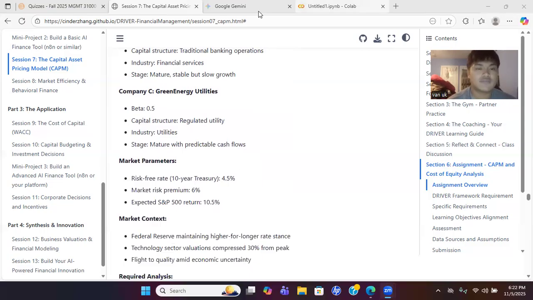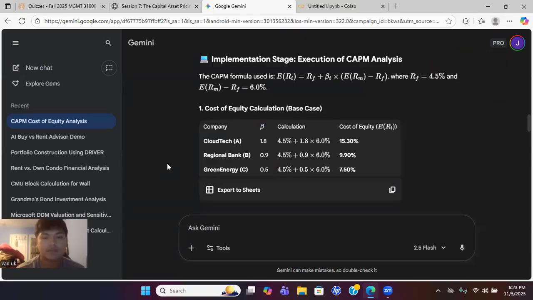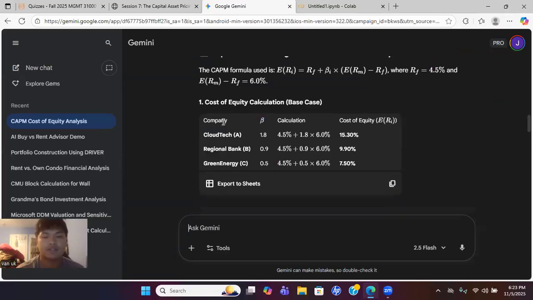And if we look that into Gemini, here is a little graph that shows the three companies, the calculations, and the cost of equity for each.